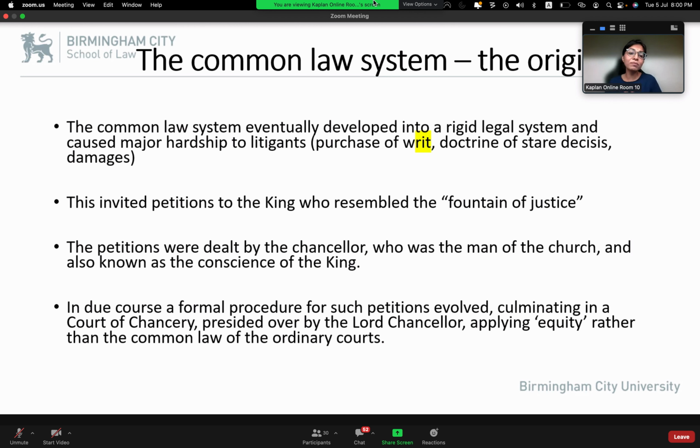The third problem that we have is damages. The only form of remedy common law could award is monetary compensation. When I say monetary compensation, that's damages. But sometimes, again, back to domestic violence, if you were to give me damages, it's not appropriate and not relevant for me, right?